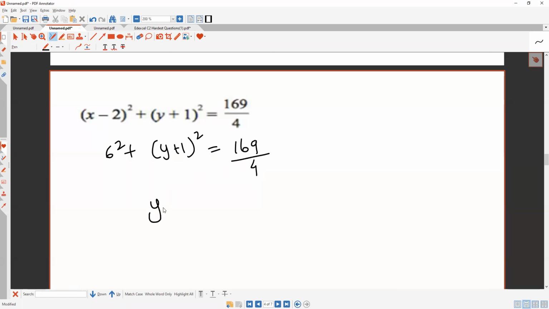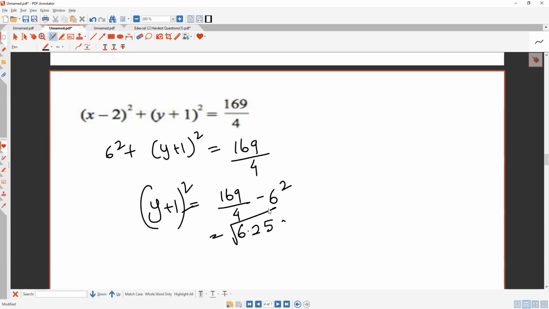Okay, bring it on the other side. (y plus 1) squared is equal to 169/4 minus 6 squared. That gives 6.25. Now take the root of the answer, that is 2.5. So y is equal to 2.5 minus 1.